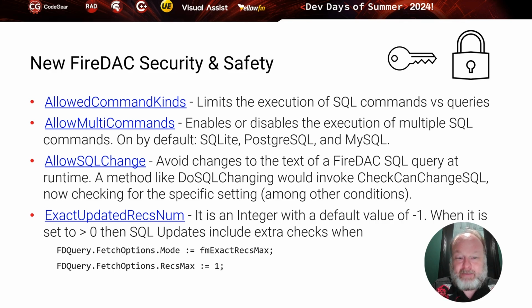And then exact update records num is when it's turned on or set to a specific value, then you can have it do additional checks when used with fetch options so that you're only ever updating exactly that number of records. So what it lets you do is say, this is my expected behavior. And then it will put checks in place to prevent unexpected behavior from happening.